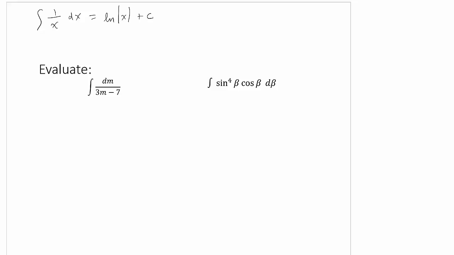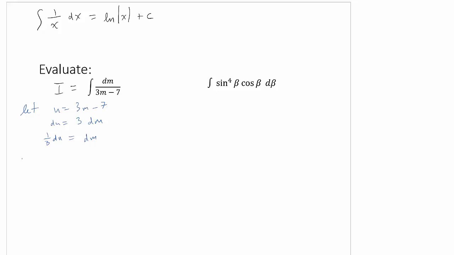I remember that from my Calculus 1 course. It sort of looks like that, so let's make the substitution. We'll let u equal 3m minus 7, then du is 3 dm, which means that dm is 1/3 du.